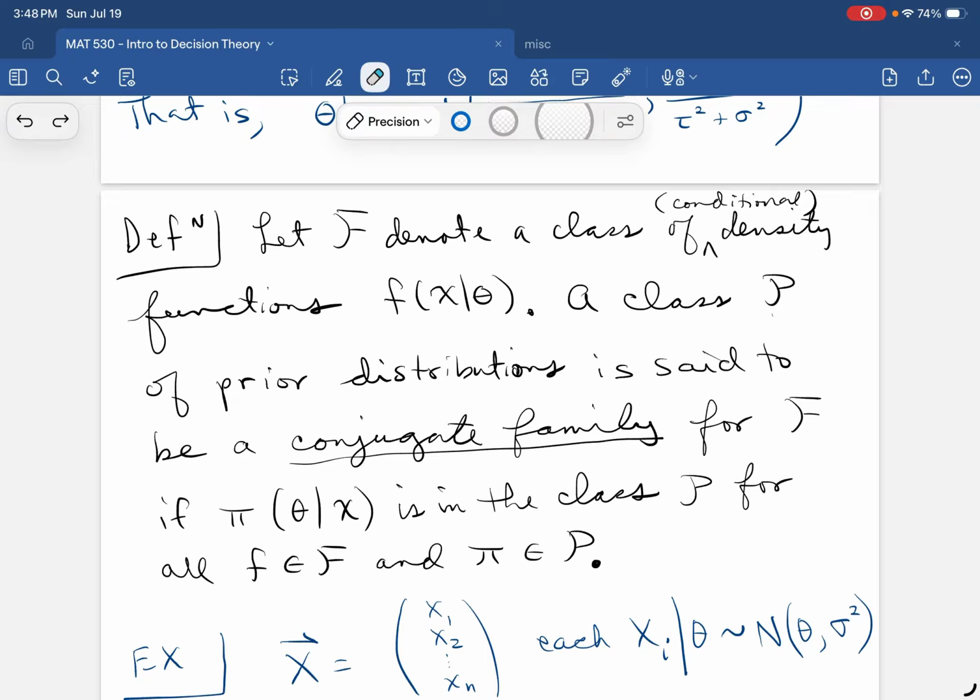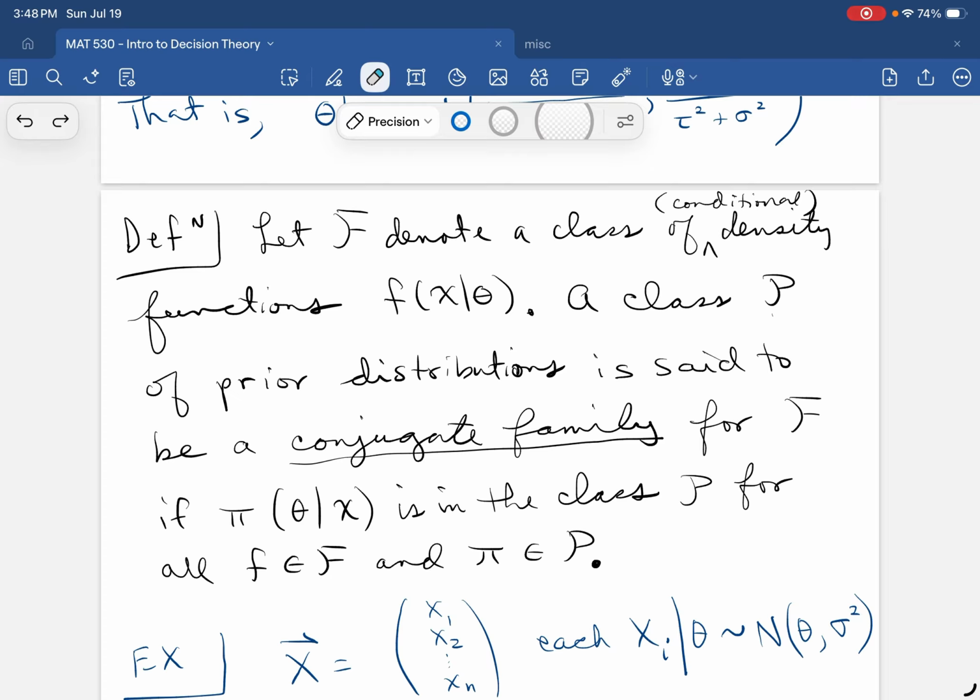This class fancy P is said to be a conjugate family for the family fancy F if the posterior distribution is in the class P, no matter what function we pull from fancy F and fancy P. So in other words, no matter which conditional distribution we select and no matter which prior distribution we select, we're always going to get a posterior distribution that is again in this class.